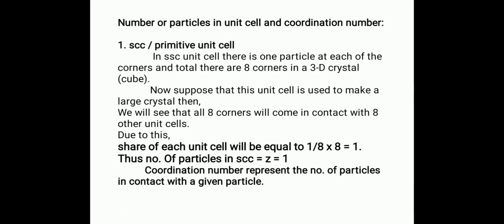So in that case, your coordination number will be equal to 8 because you are in contact with 8 people, 3 in front of you, 3 behind you and 2 on your left and right side respectively. So here the coordination number of SCC is equal to 6 because each particle in SCC comes in contact with 6 different particles.